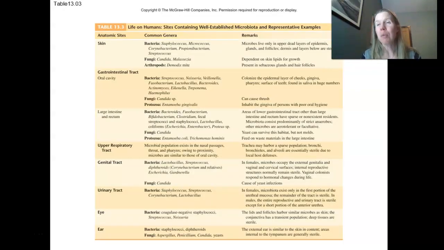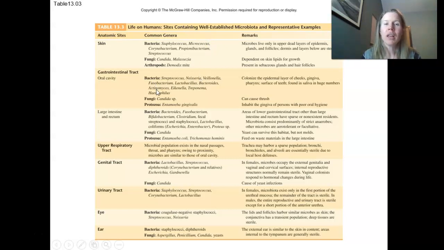Okay, if you're more of a graph person than a picture person, feel free. The nice thing here is they are pointing out some of the genera, that's plural for genus. So again, on your skin, we've been working with Staphylococcus epidermidis, Micrococcus luteus, right? So there are common bacteria that live on us.